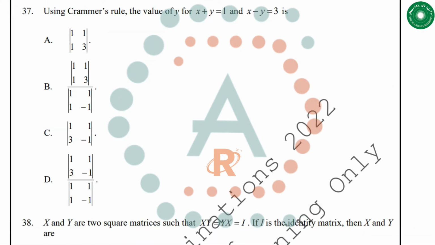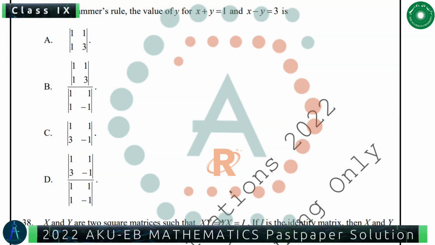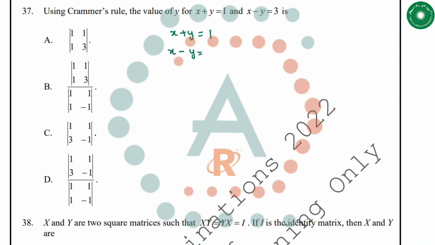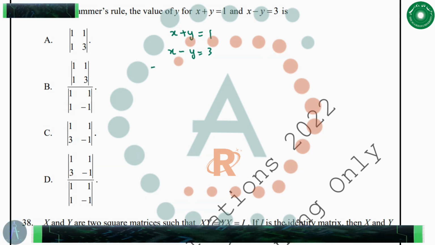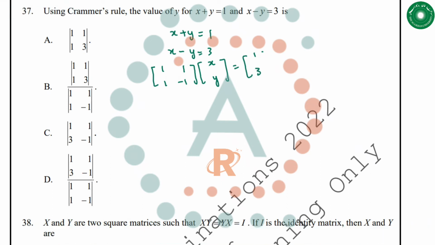Now let's see question number 37. Using Cramer's rule, the value of y from x plus y equals to 1 and x minus y equals to 3. दो algebraic equations given हैं तो इससे जल्दी से हम matrix equation बना लें 1 1 and 1 minus 1. Then second column matrix, that is x and y equals to column matrix 1 3.